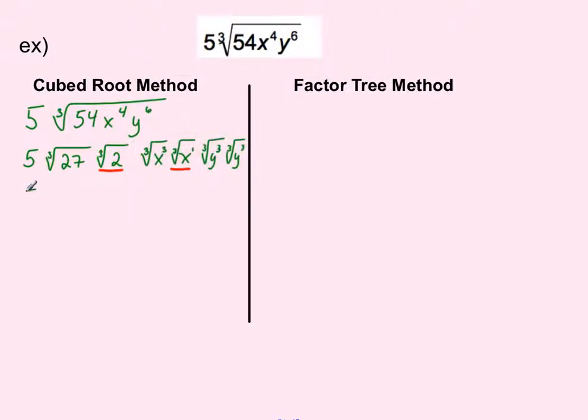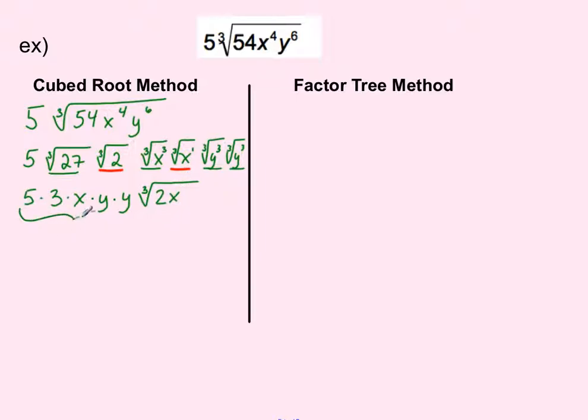So I get 5 times this guy gives me a 3. This guy gives me an x. This guy gives me a y. This guy gives me a y. And then I have third root of this 2 and this x.